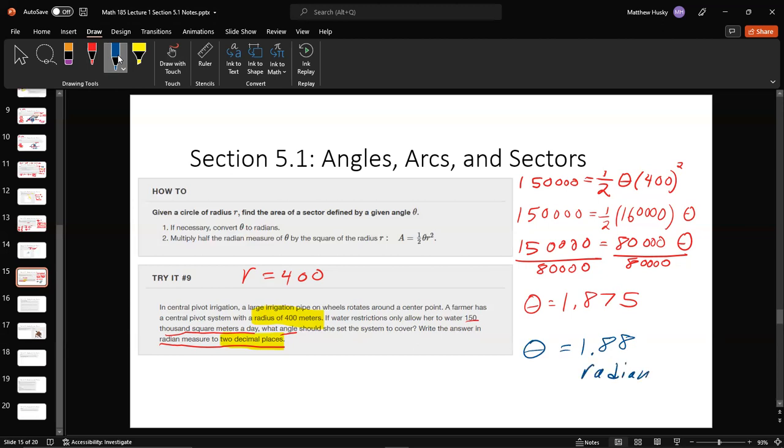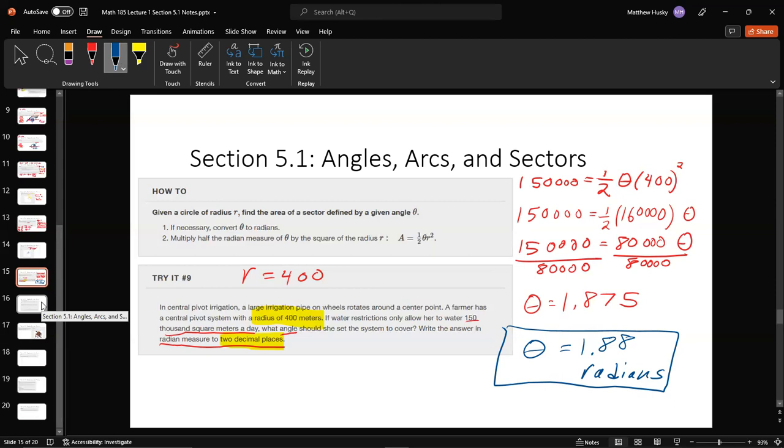So that would be the angle that you would need to subtend or cover to have a sector, a circular wedge, to have that cover 150,000 square units.